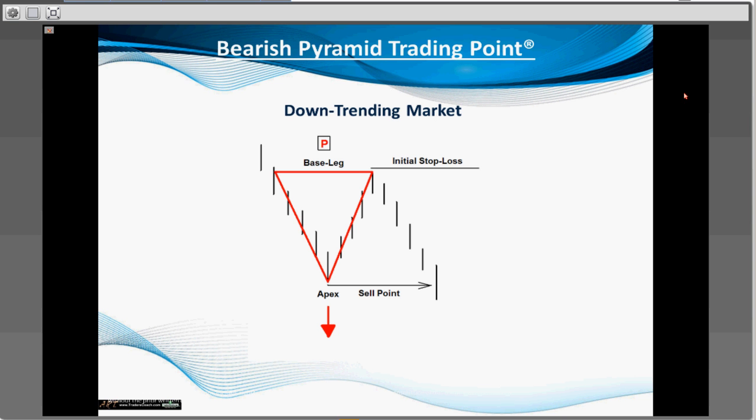Very important. We do not look for volume when we form a pyramid trading point. The reason being is that volume usually doesn't kick into a trend until the herd realizes the trend is in place. So a lot of trends begin or break out on fairly moderate volume, sometimes even low volume.